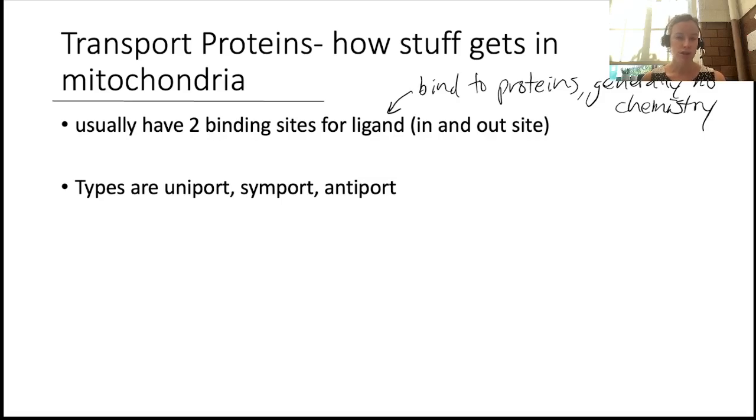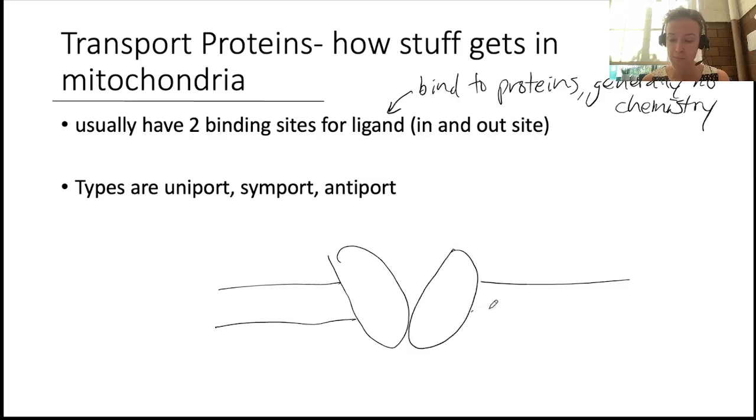What does this look like? I'll draw just one version of these proteins for now. The two binding sites will be symmetrical: one will be the in site and one will be the out site.